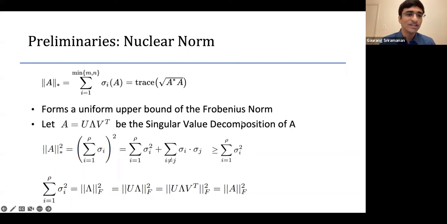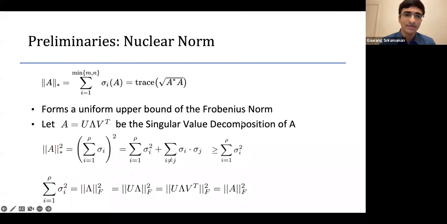A nice property of unitary matrices is that if you multiply a matrix by another unitary matrix such as U and V, the Frobenius norm doesn't change, and it essentially just follows from the definition of being unitary in the sense that it preserves vector norms and matrix norms. As we see here, if we pre-multiply by U and post-multiply by V transpose, we essentially obtain back A. And this essentially helps show that the nuclear norm forms an upper bound of the Frobenius norm for any matrix.